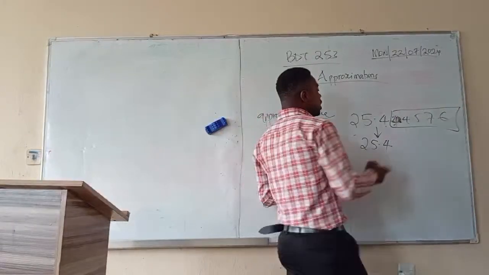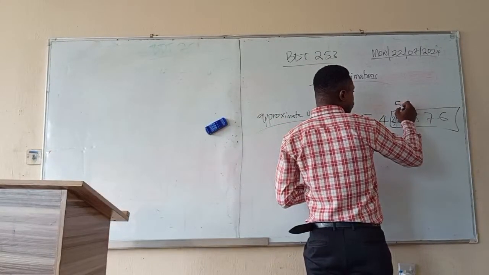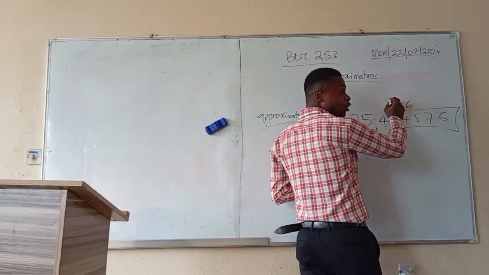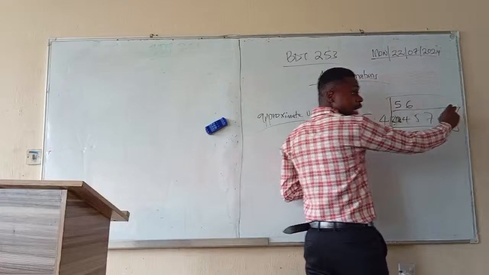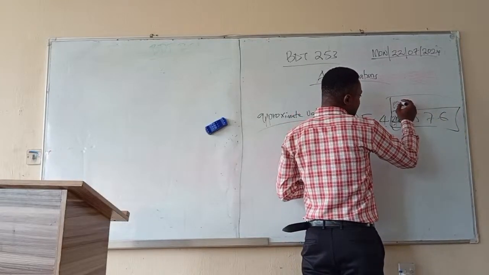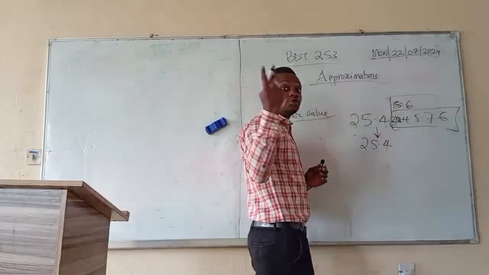Let's assume we have 5 here, 6 here. You can't just cut it off like that and go. Are we together? Let's assume here is 5 or 4, but there are 2 schools of thought here.